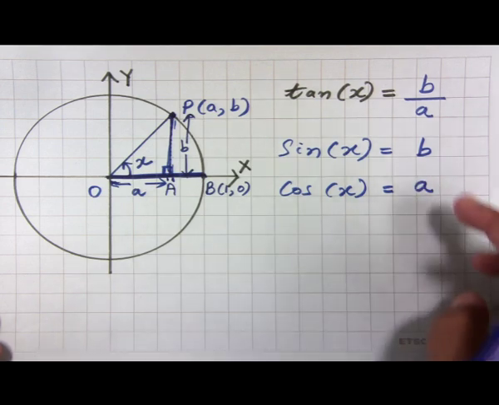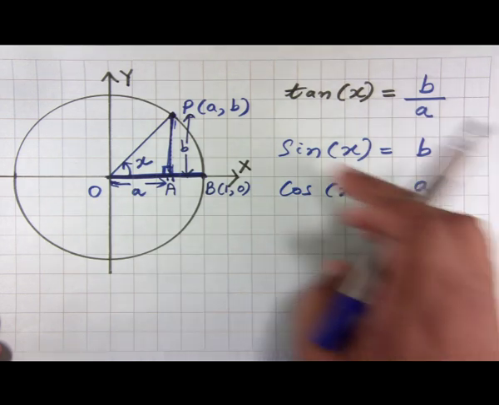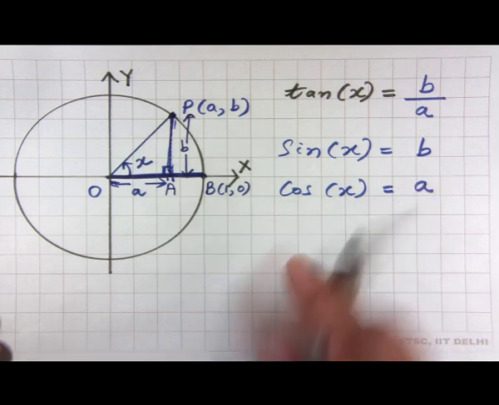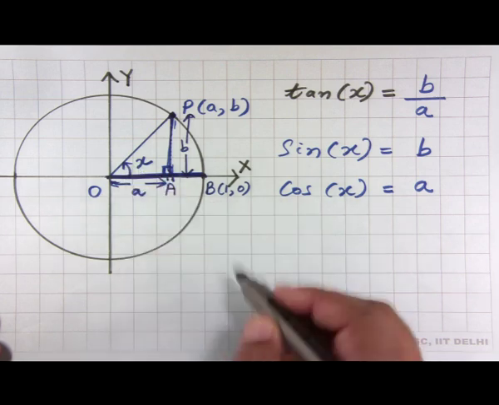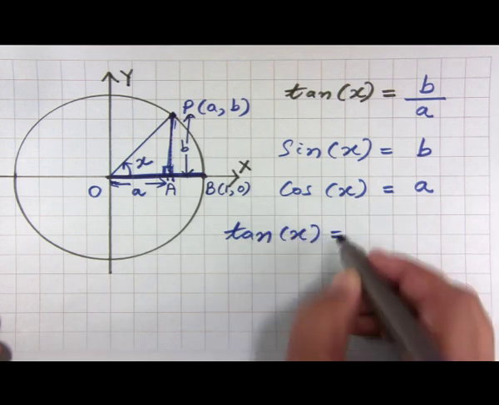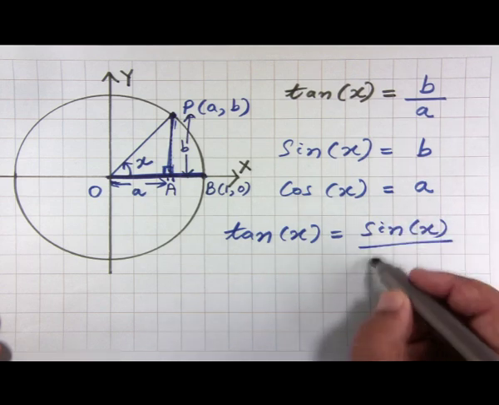And then we immediately realize that b by a is nothing but sin x divided by cosine of x, and therefore we get the relation that for any angle x, the tangent of x is equal to sin x upon cosine of x.